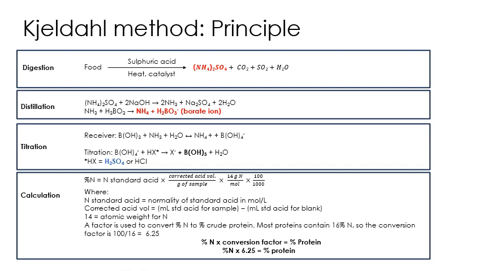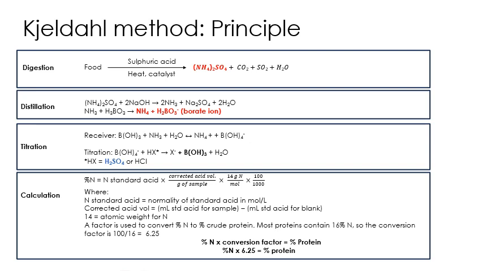Now this borate anion, which is in proportion to the amount of nitrogen, is then titrated with standardized acid. The standardized acid here can be either sulfuric acid or hydrochloric acid. In most cases, we normally use sulfuric acid. So we titrate this borate anion with a known normality of the standard acid. In experiments, we normally use around 0.05 N sulfuric acid.